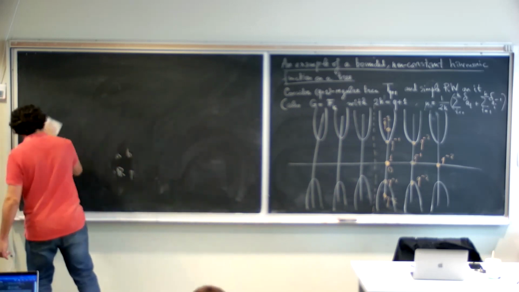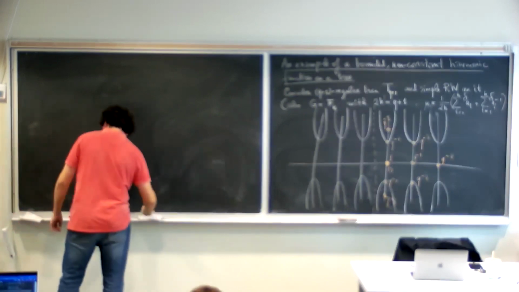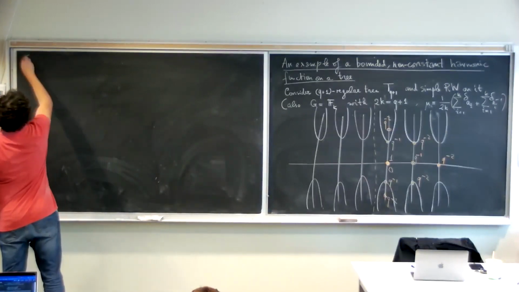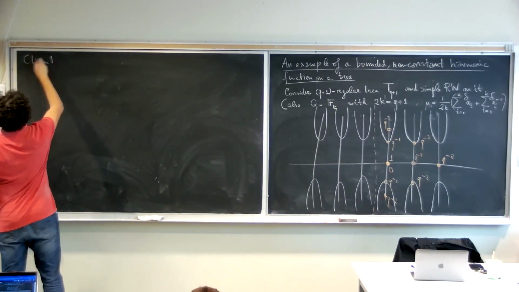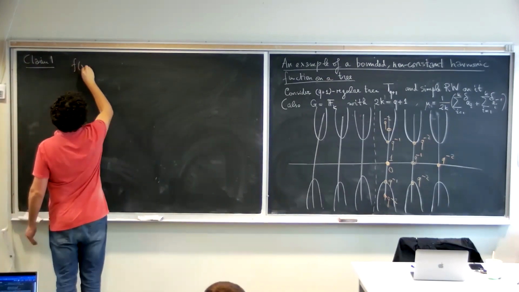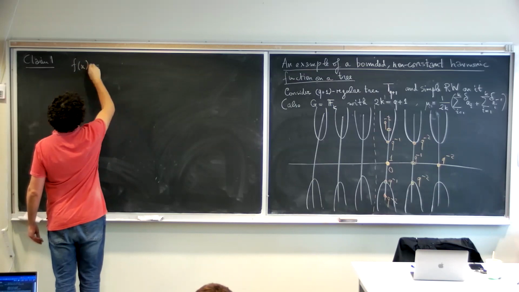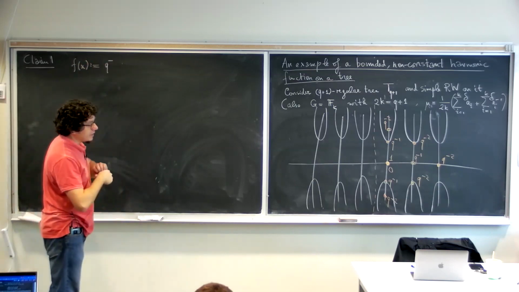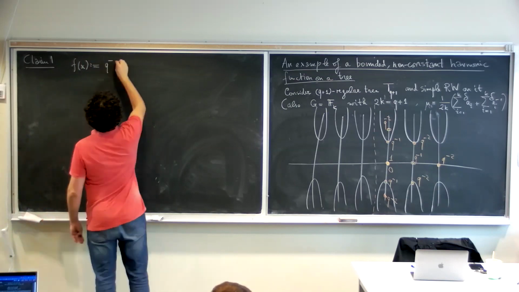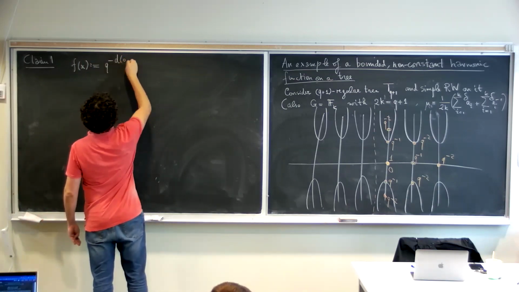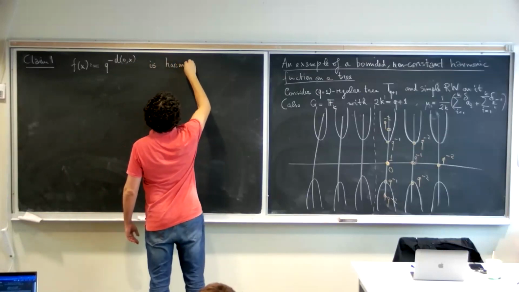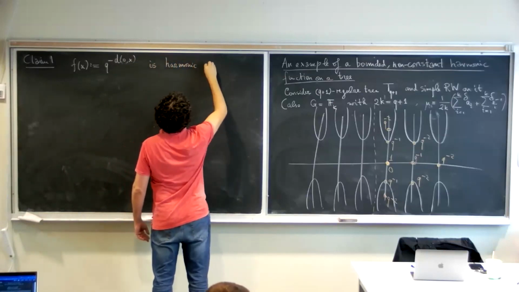So let's see. The first claim is that f of x, which is just q to the minus the distance between O and x, is harmonic on, where?